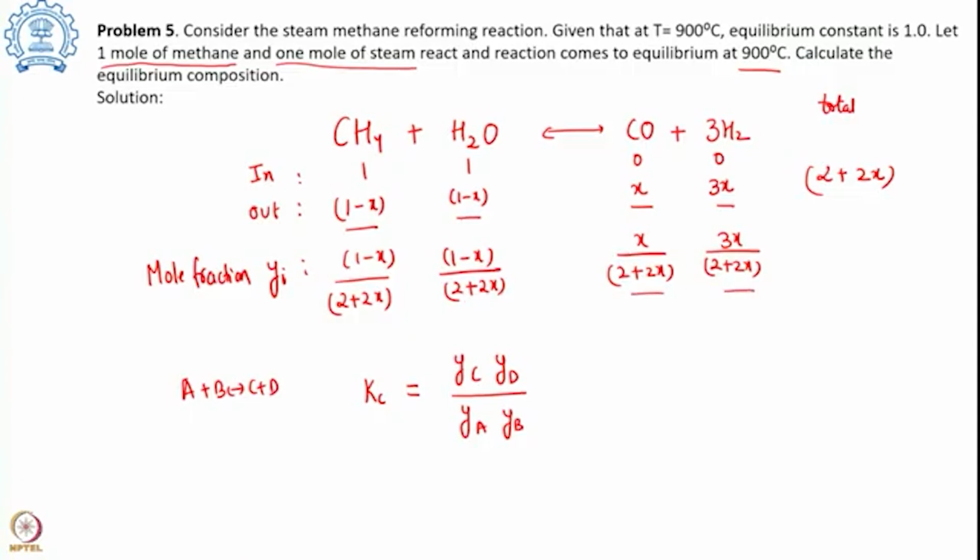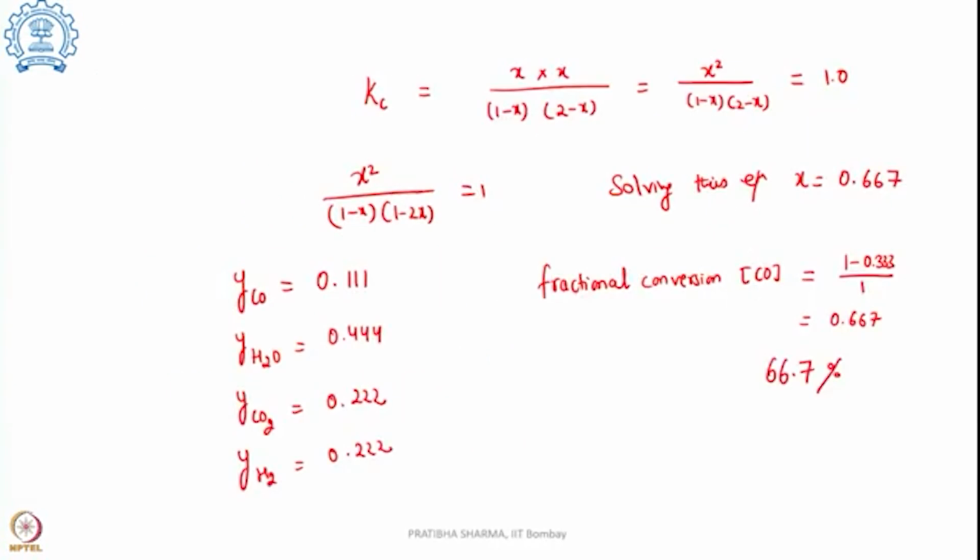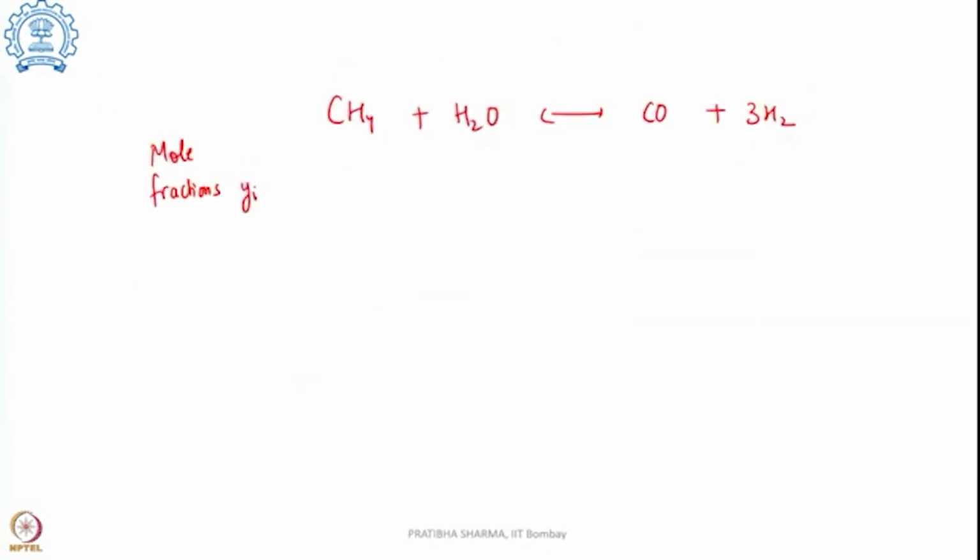Substituting the value of x, the mole fraction comes out to be, with the higher digits rounded off, 0.155 for methane and steam, 0.173 for CO, and 0.518 for hydrogen. So, these are the corresponding equilibrium compositions which we can get.